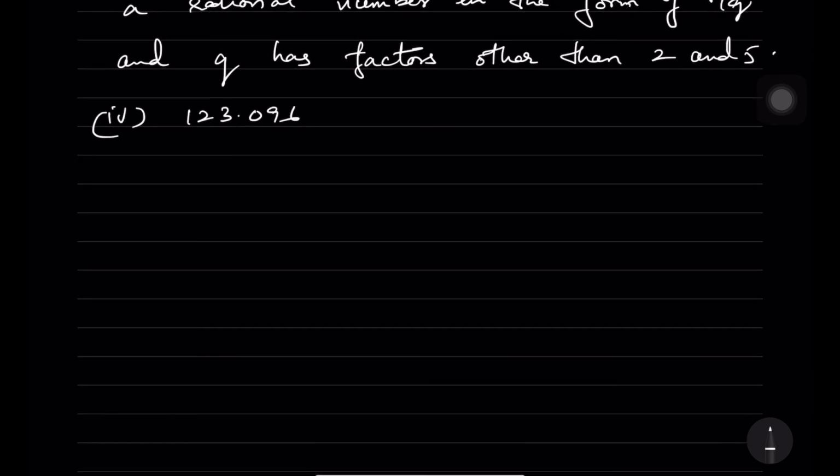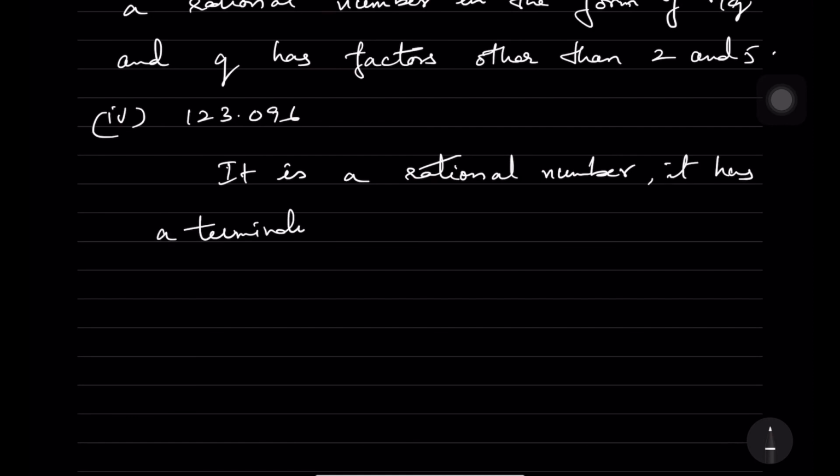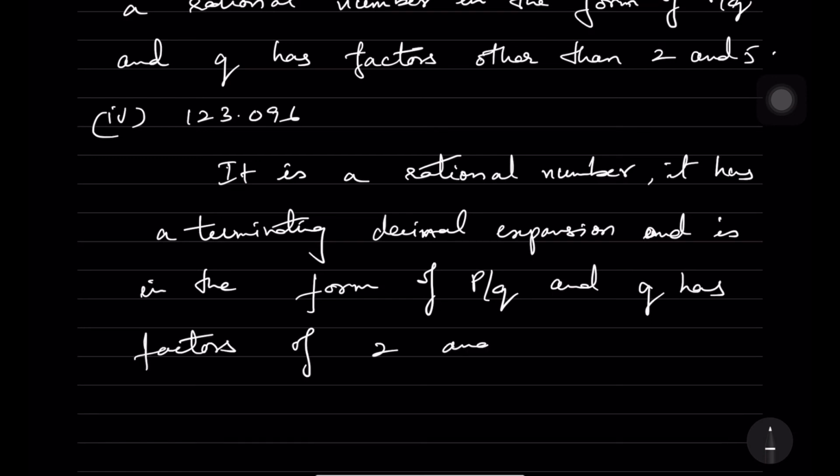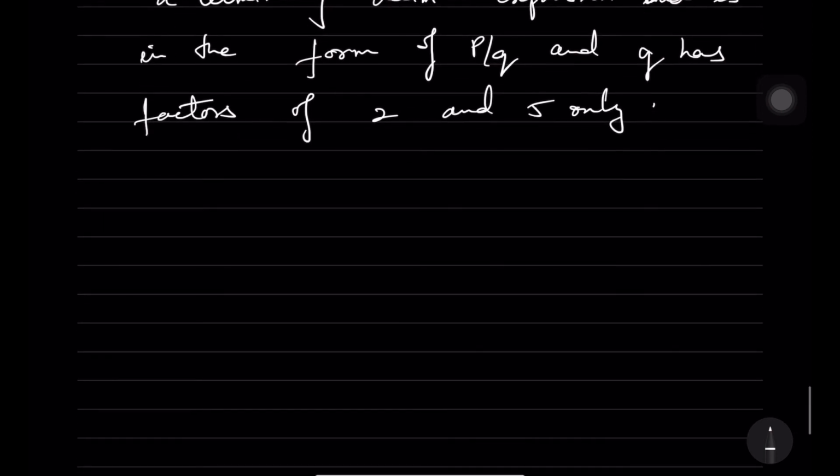So clearly it is a rational number, and it has a terminating decimal expansion, and is in the form of p by q, and q has factors of 2 and 5 only, or q is of the form 2 to the power of n into 5 to the power of m.